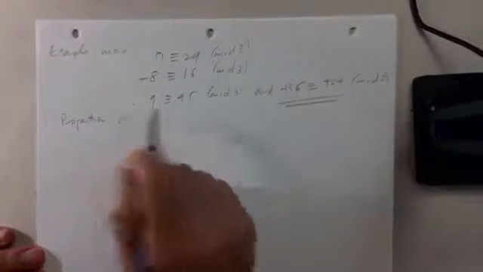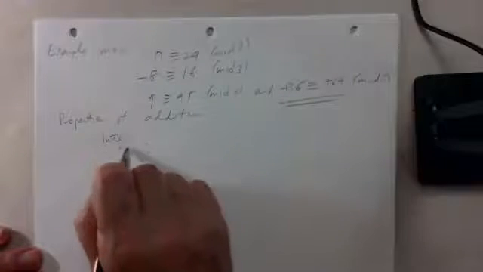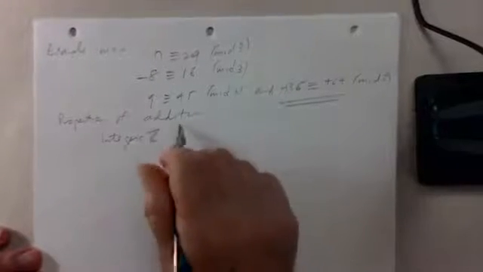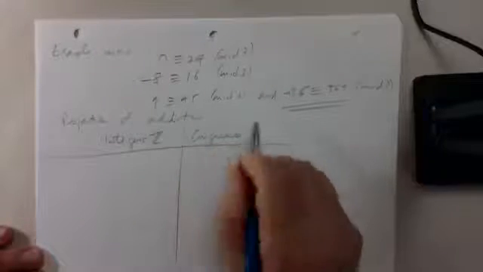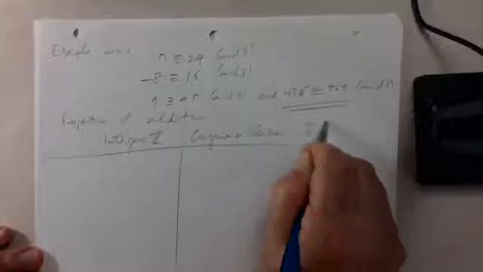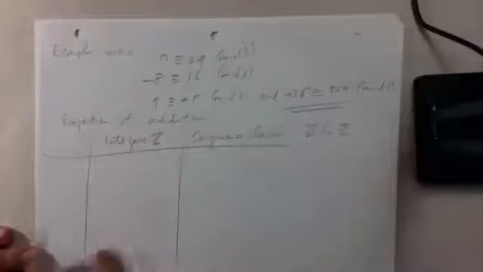Now, what are some properties of addition and multiplication of congruences? So we know how to add numbers. And we know how to add now congruence classes. Addition of integers is associative.